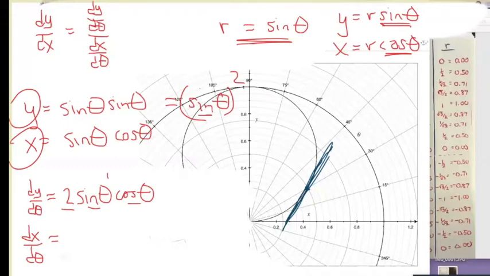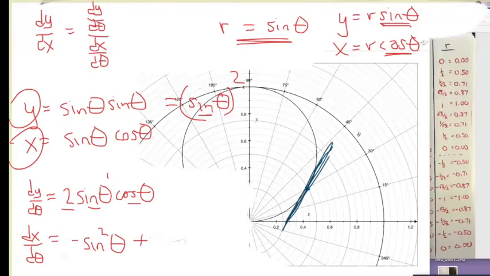Now for the x derivative, we're going to have to use the product rule. We'll do the first, which is the sine of theta, times the derivative of the second, which is the negative sine of theta. So for the dx d theta, we're going to end up with a negative sine squared of theta. And then the second part of the product rule is the second times the derivative of the first.